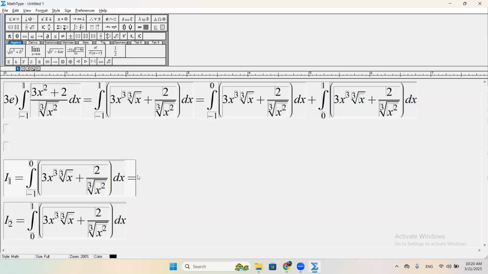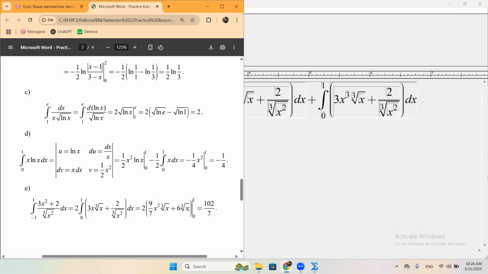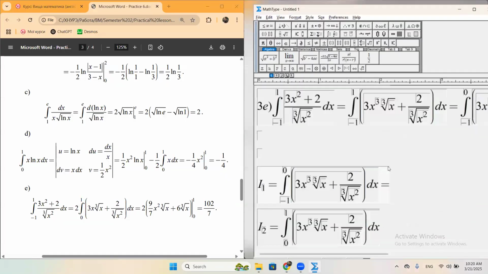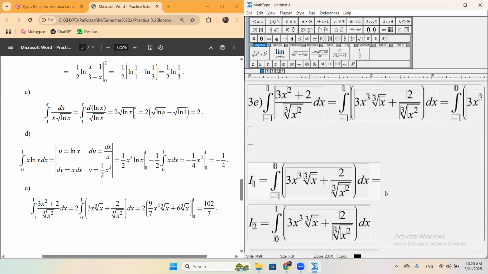Okay, so for this integral, by the way, let's see this antiderivative. So we have, okay, 9 over 7 x square.